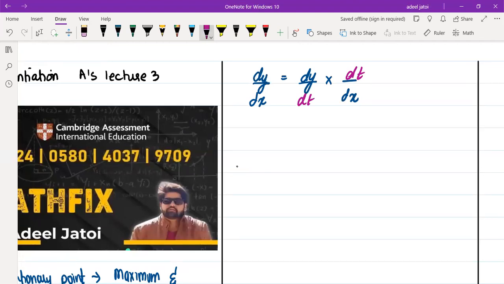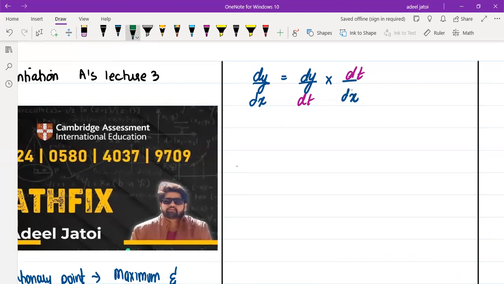We may introduce dt in the numerator and dt in the denominator, but what we did was we actually separated dy and dx. We kept dy in the numerator and dx in the denominator, but in separate fractions introducing dt and dt.